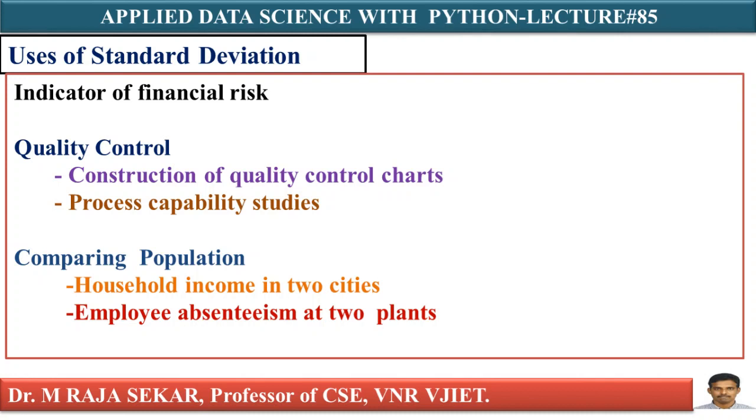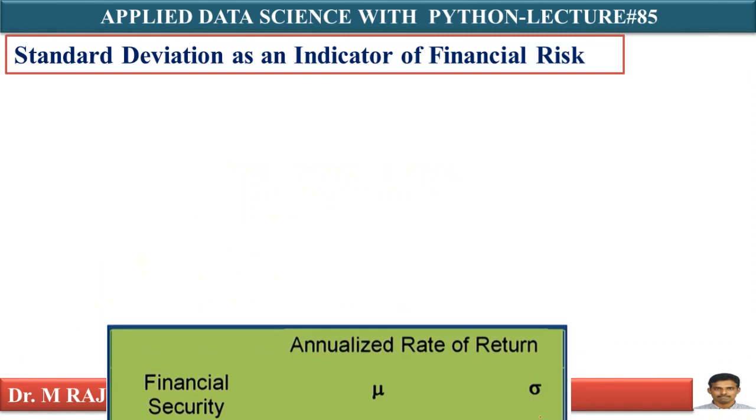Less variance means process capability is high. This theory you can use for comparing populations. This is useful. For household income of 2 cities, whenever there is a less standard deviation, that one has more homogeneous data. This is simple. Anybody can understand that simple statement.